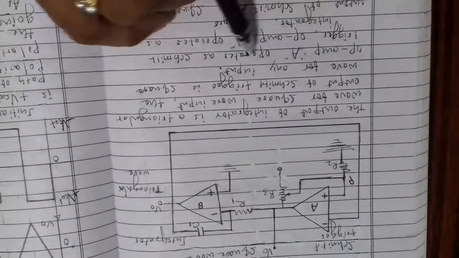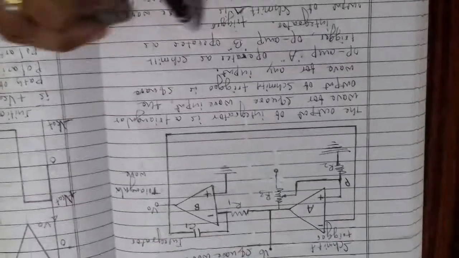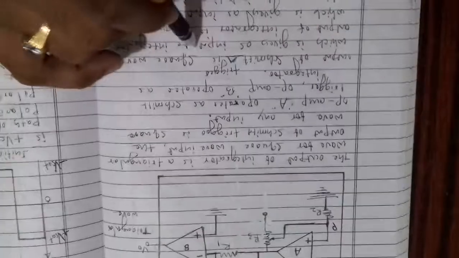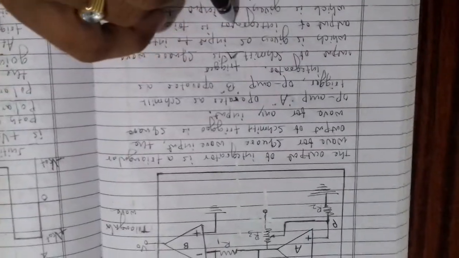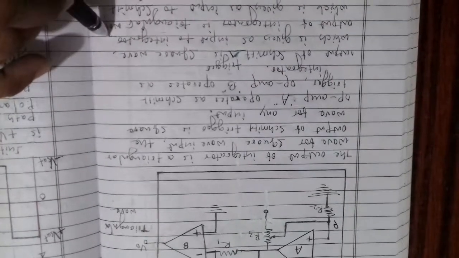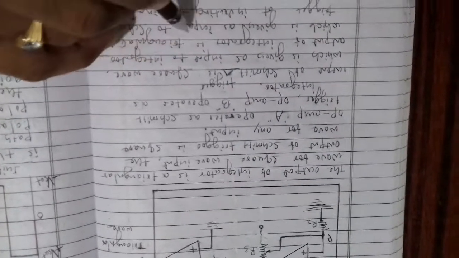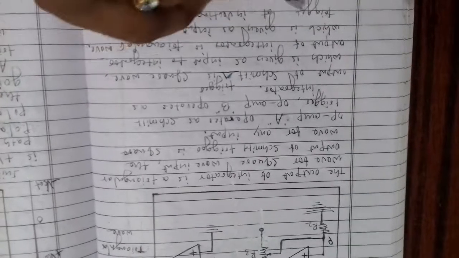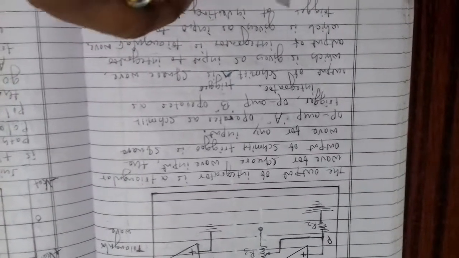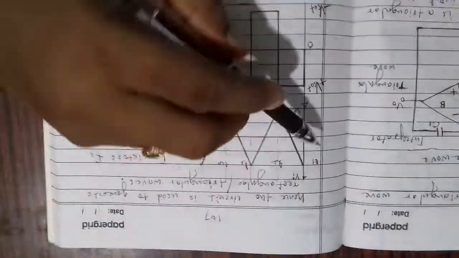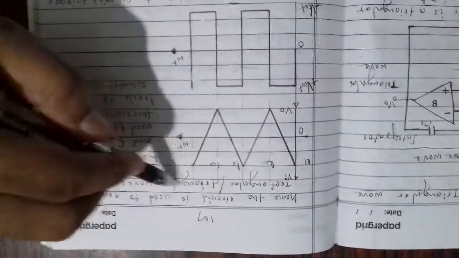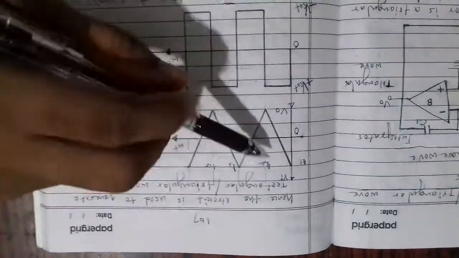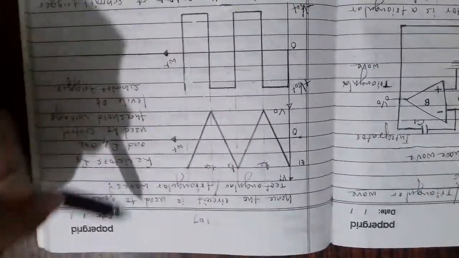The op-amp A operates as a Schmitt trigger, op-amp B operates as an integrator. Output of Schmitt trigger is a square wave which is given as input to the integrator. Output of integrator is a triangular wave which is given as input to the Schmitt trigger at the inverting terminal. Hence, the circuit is used to generate rectangular or triangular waves.